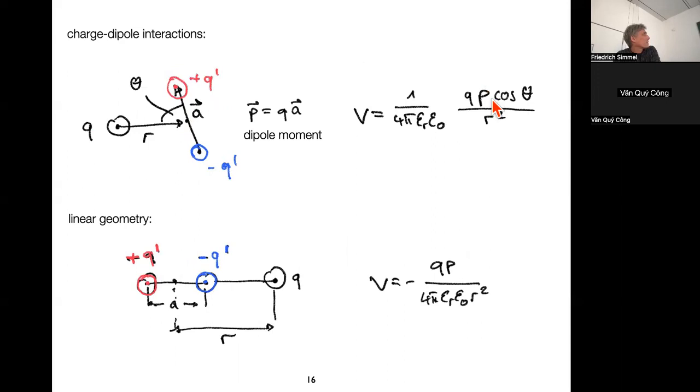This interaction depends on the orientation of the dipole, and it goes like 1 divided by r squared. This is in a linear geometry, so this angle theta becomes 0, the cosine becomes 1, and then it looks like this.